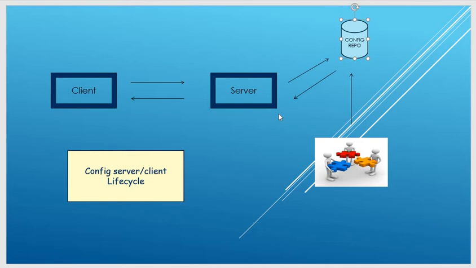There is a Spring Boot module, Actuator, that provides a refresh endpoint by which you can refresh the server's properties by hitting that URL. As soon as you hit it, it forces the server to reload the properties from the config repo, and then they will be available to the client.